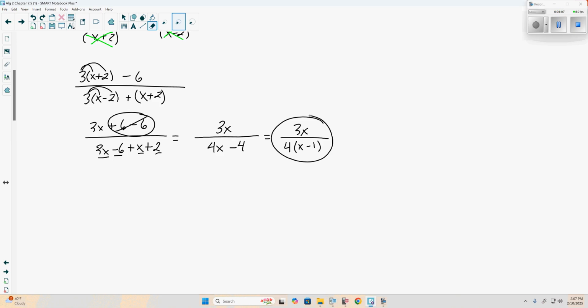Since 4x and negative 4 have a 4 in common, we can factor out, giving us 3x over 4 times x minus 1. Yep, that's it.